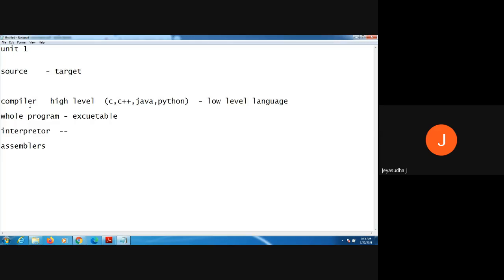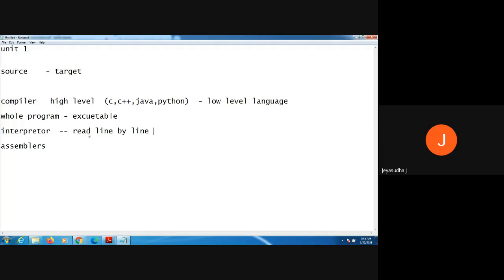In the case of a compiler, you will take the whole code and convert it to an executable one. But in the case of an interpreter, it is not like that. It will be reading line by line. First it will read the first line, convert it, and see whether there are any errors.